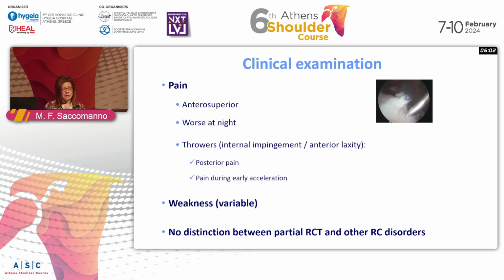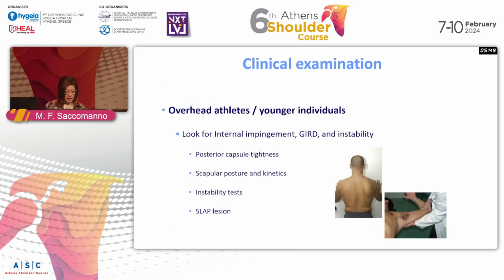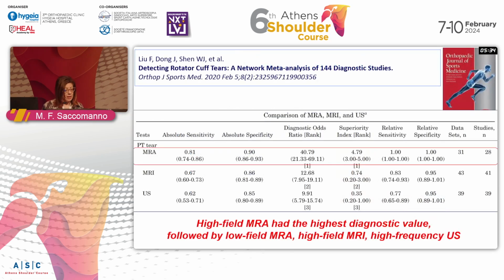Compared to a full thickness rotator cuff tear, usually you don't have so much weakness. You have a high level of pain, full range of motion, but not marked weakness when you have a partial rotator cuff tear. Special attention, as we already said, in overhead athletes, because it can be combined with internal impingement, microinstability, or glenohumeral internal rotation deficit, and some other lesions.